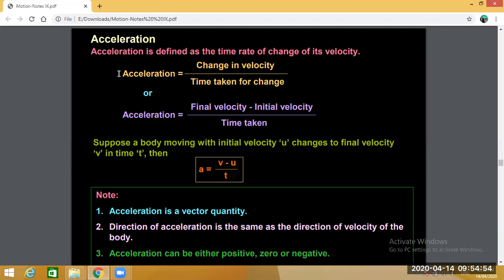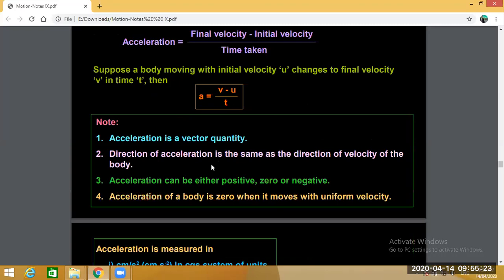So suppose a body moving with initial velocity u changes to final velocity v in time t. Then acceleration a is equal to (v minus u) divided by t, where v is final velocity and u is initial velocity.